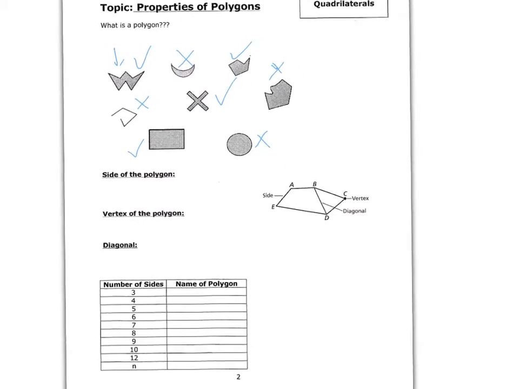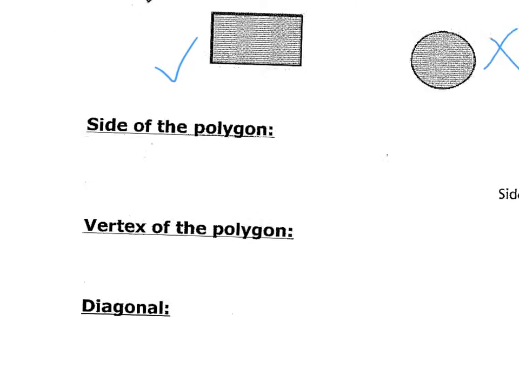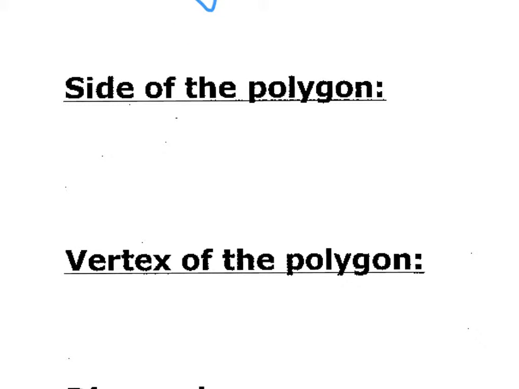Okay, so just a few terms for us to look at. I need you to go ahead and define the side of a polygon. Okay, so the definition of a side of a polygon, excuse my handwriting here: the side of a polygon, each segment that forms a polygon.